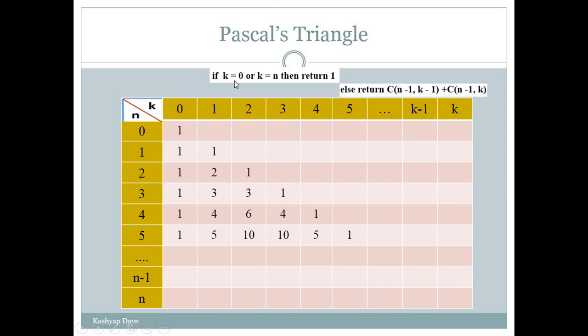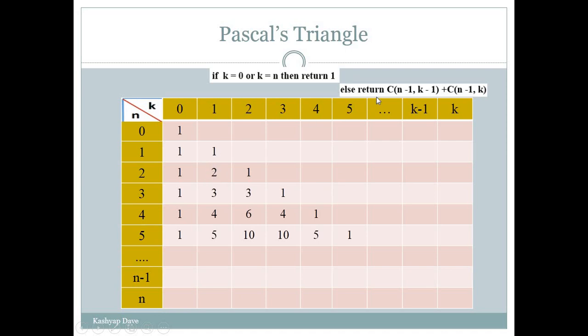Okay, now we will check another condition. What if we want to find n equal to 2 and k equal to 1, this place? How can we find this value?